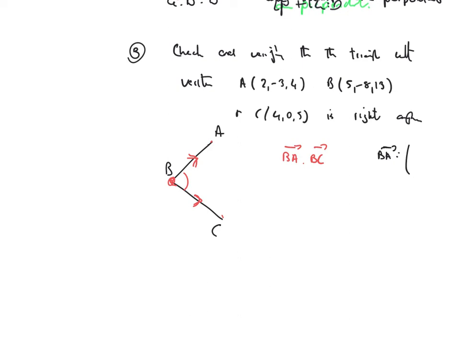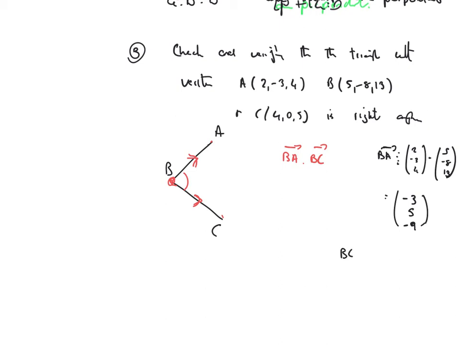So that's (2, -3, 4) minus (5, -8, 13). And that's (-3, 5, -9). Okay, so that would be BA.